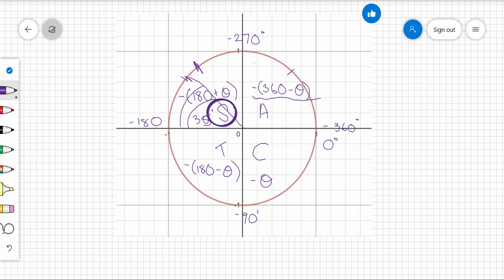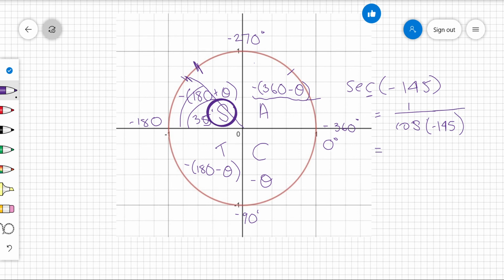All right, so let's say we had sec of negative 145. The first thing to remember is sec is the reciprocal of cos, so this is going to be equal to 1 over cos of negative 145.